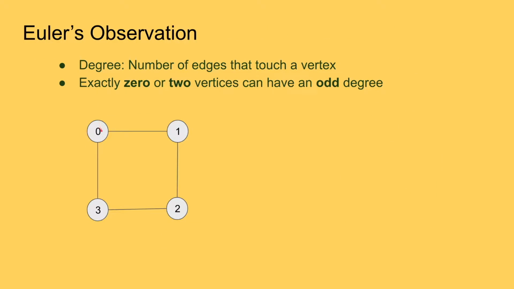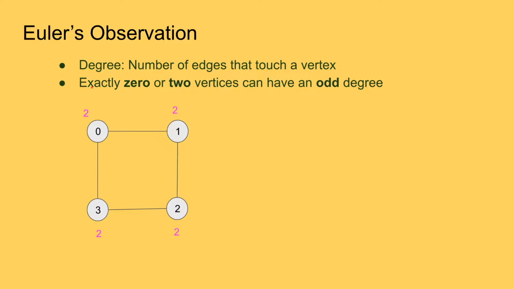For each vertex, Euler defined a number called degree, which was the number of edges that touch each node. For example, the degree of node 0 is 2 because we have 2 edges touching it. We have 2 edges touching node 1. For 2, the degree is 2. For 3, the degree is 2.